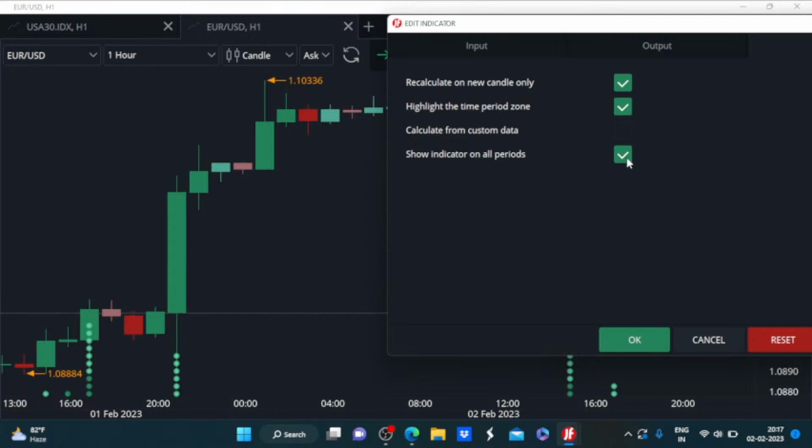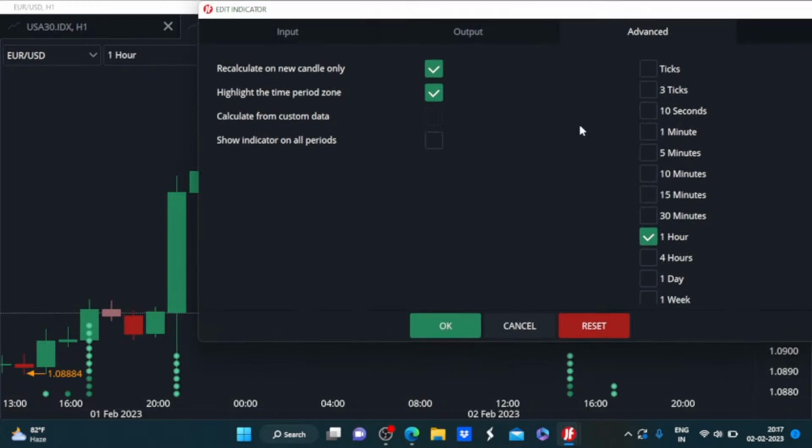This is important though, the show indicator on all periods, because if you want the indicator to be available on all the candle periods, you can have it available on multiple time frames with these 5 minutes and hourly candle periods defined.